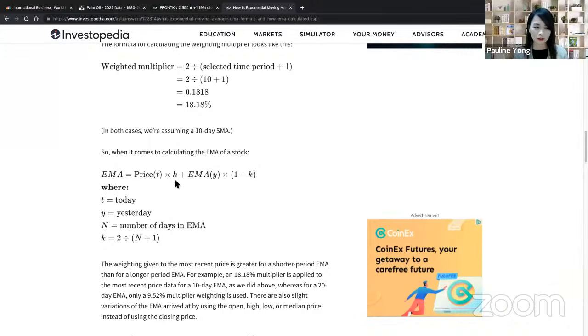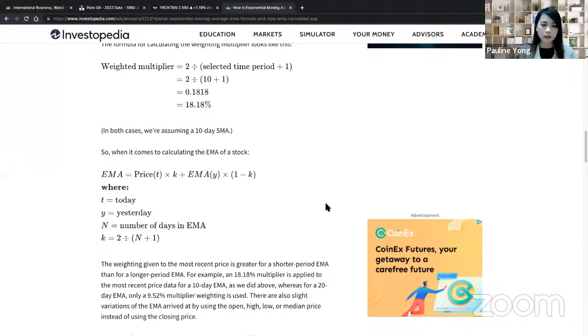There is a multiplier here, and the function of the exponential moving average is that the calculation puts more weight on the recent price. For example, with a 10-day moving average, the simple moving average just uses the past 10 days and divides by 10. Just now it was very simple, just an average.